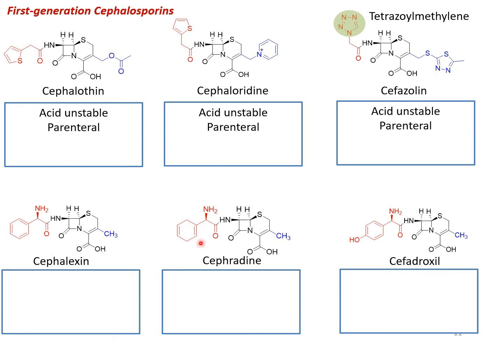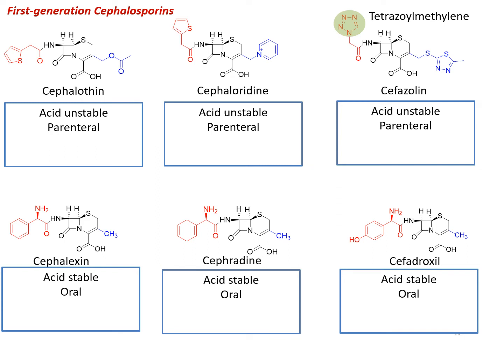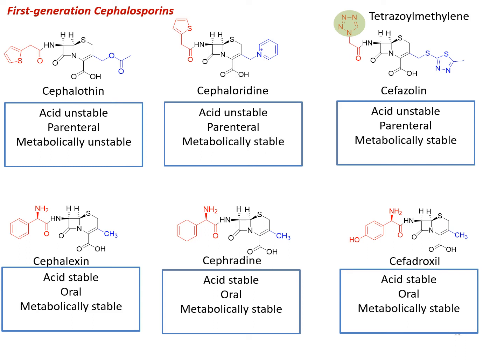While cephalexin, cephradine, and cefadroxil have a methyl at carbon-3, thus they are acid stable and can be given orally. That methyl, though, will not aid in stabilizing the hydrolyzed beta-lactam when broken by transpeptidases, which will render these compounds less potent. The only cephalosporin that will not be stable against esterases is cephalothin. Thus, it's metabolically unstable, the rest are stable.